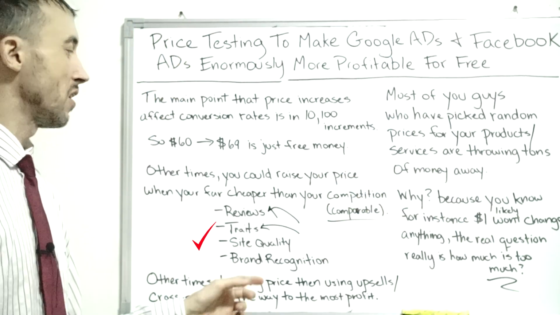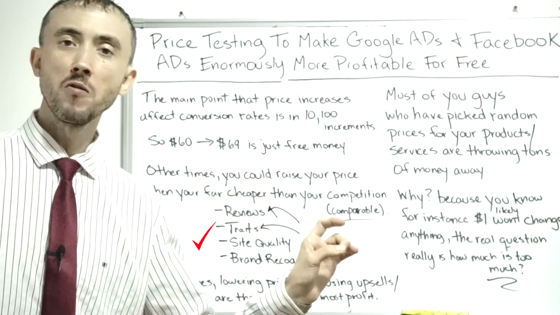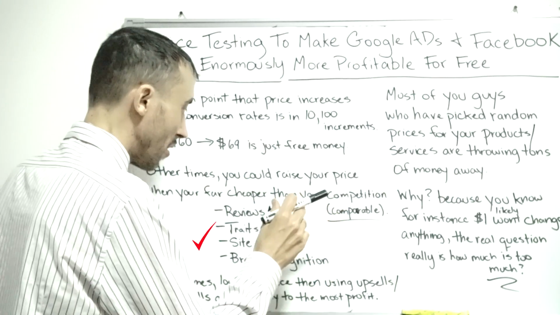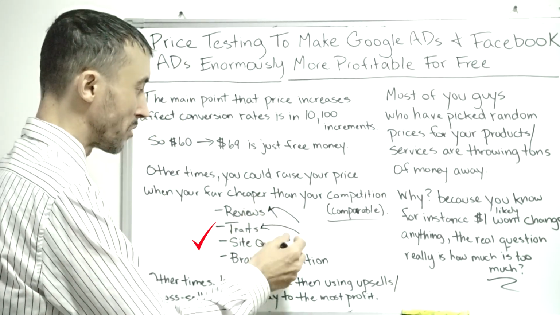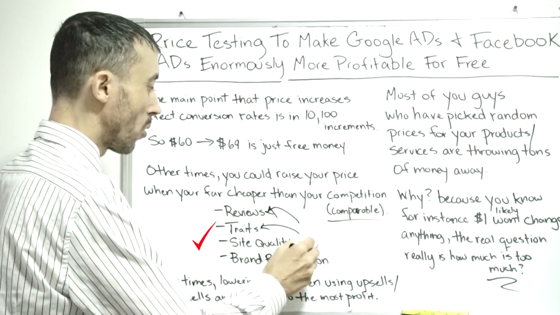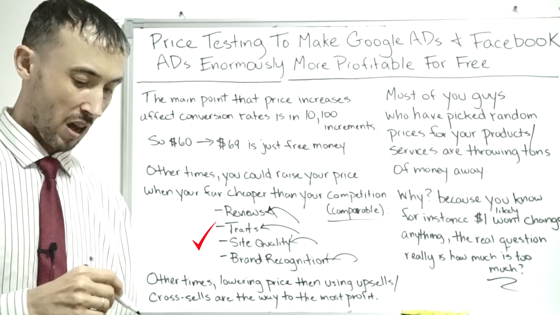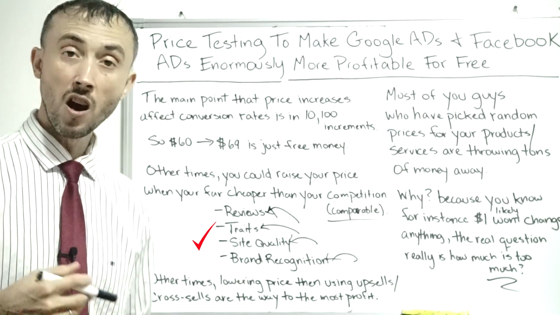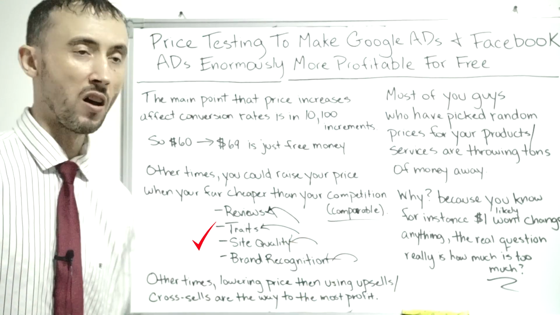You just have to be good at figuring out the value of your product or service in terms of its traits directly, as well as the perception of that product or service based upon its reviews, the quality of the site it's on, and the brand recognition that you have. And then once you figure that out, if you're underpriced, raise your pricing, because that's just free money as well, okay?